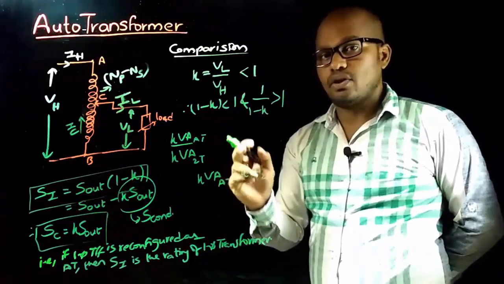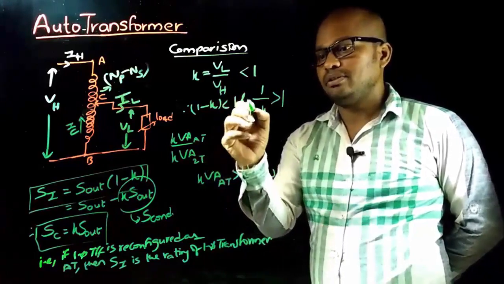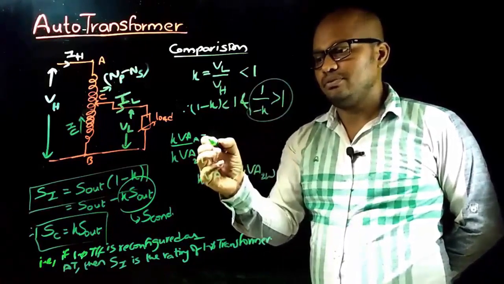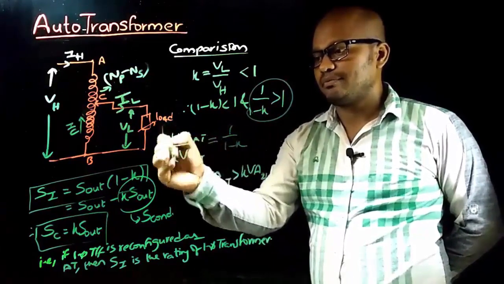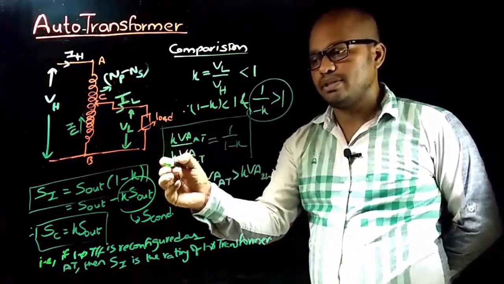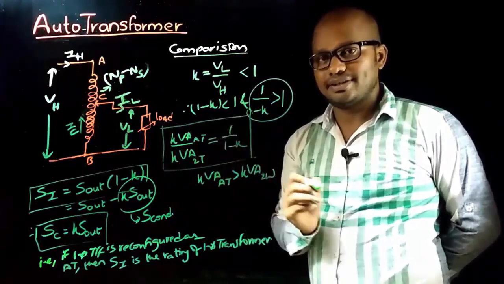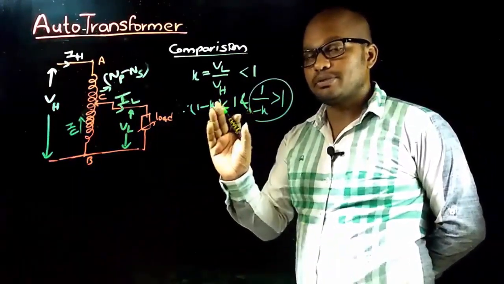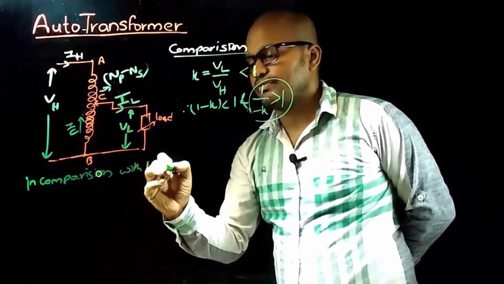And as the kVA rating of autotransformer is greater than the kVA rating of two winding transformer, use this relation, which can be equated to 1 by 1 minus k. So kVA rating of autotransformer by the kVA rating of two winding transformer can be equated to 1 by 1 minus k.